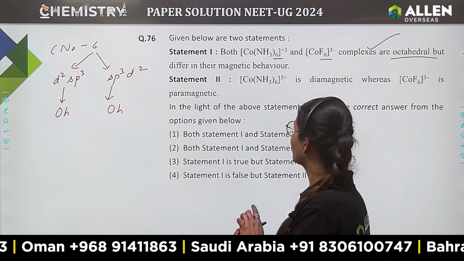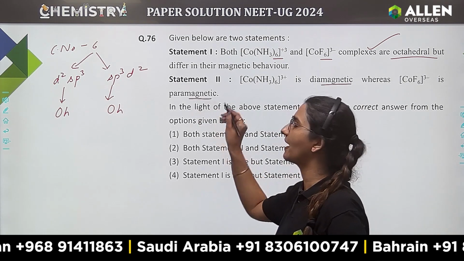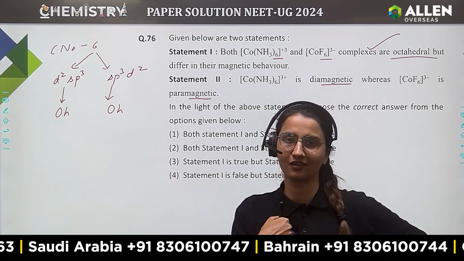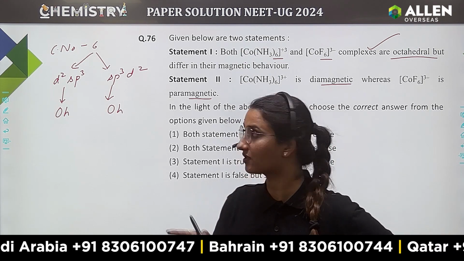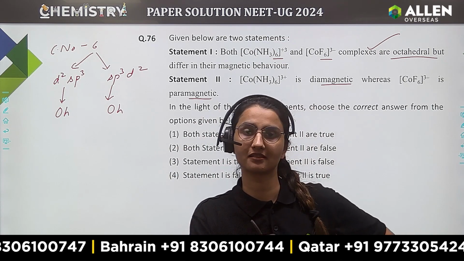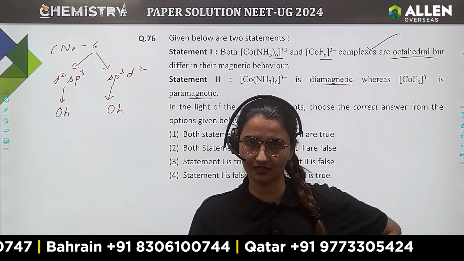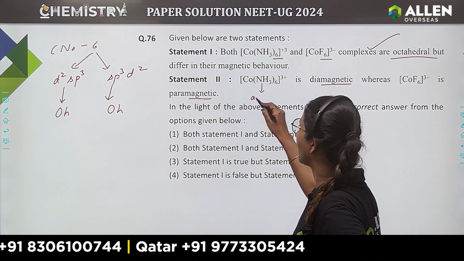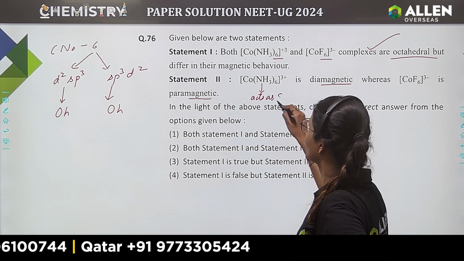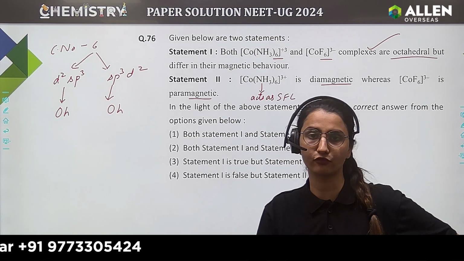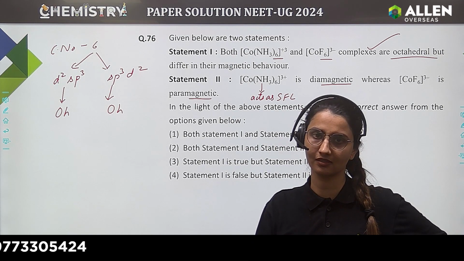In order to check diamagnetic or paramagnetic, now we need to know how many electrons Co+3 has. Yes, +3. And how will they exist? Will they pair up? Will they remain free? Know one thing, students. Here NH3 acts as a strong field ligand. It is strong enough to cause pairing if required.